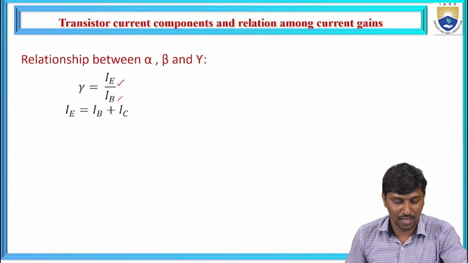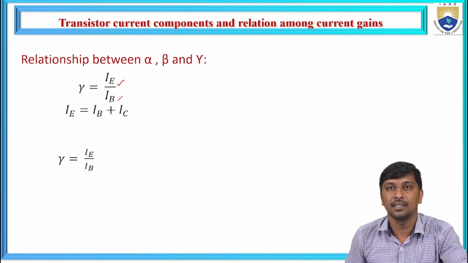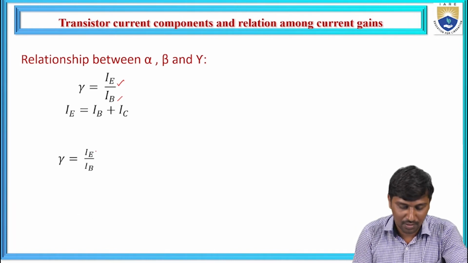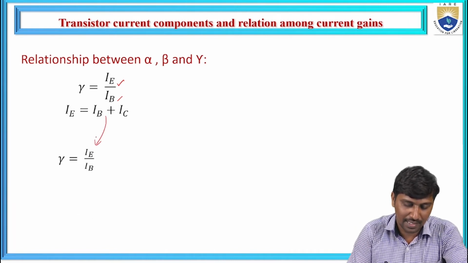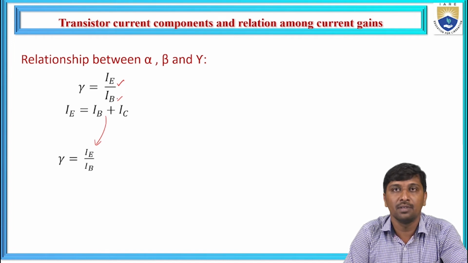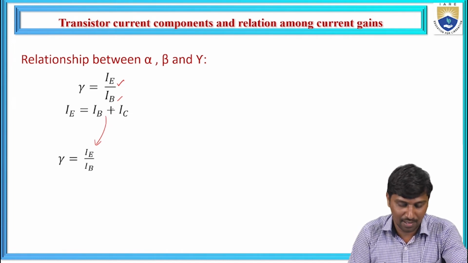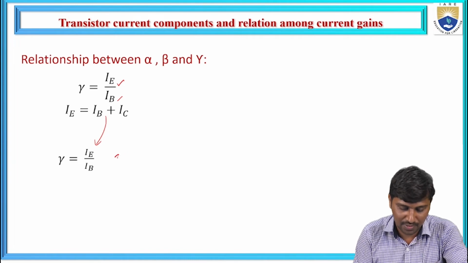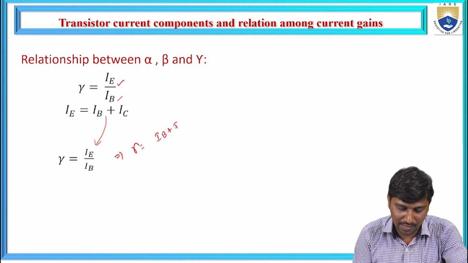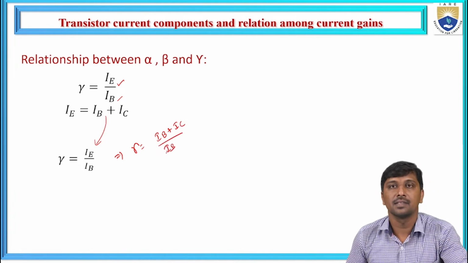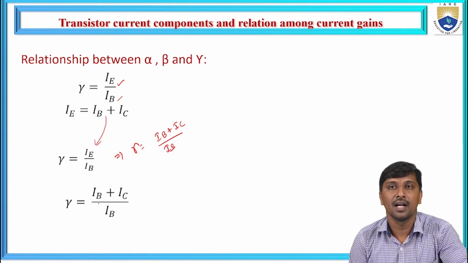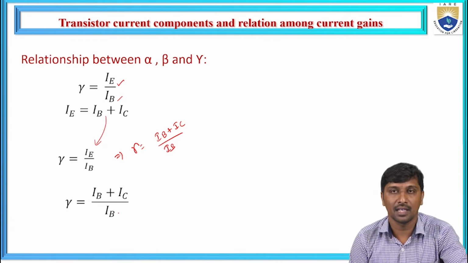Again we know that IE is equal to IB plus IC. Previously I substituted the IB value; now I'm going to substitute the IE value. So gamma is IE by IB, that is (IB plus IC) by IB.